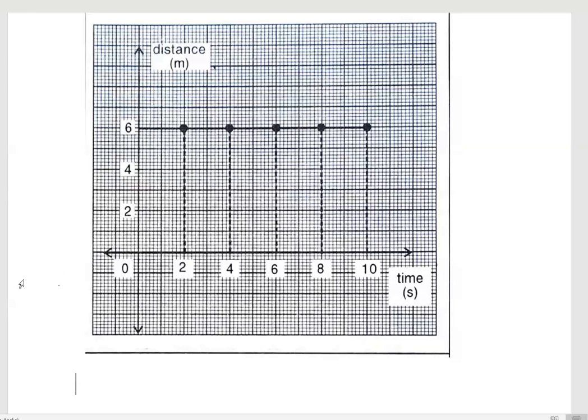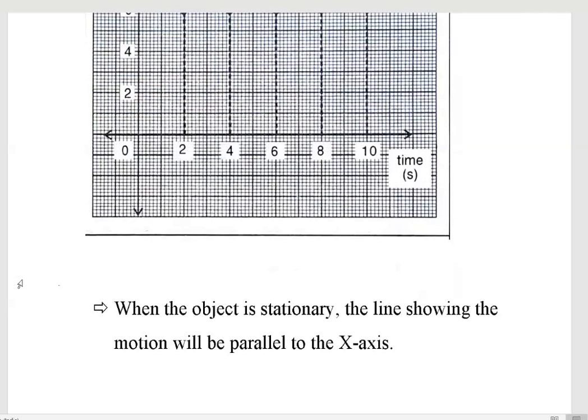So, we can say that when the object is stationary, the line showing the motion will be parallel to x-axis. And this is how this kind of graph can tell us whether the object is stationary or not. So, this is about the object when it is stationary, means not moving.